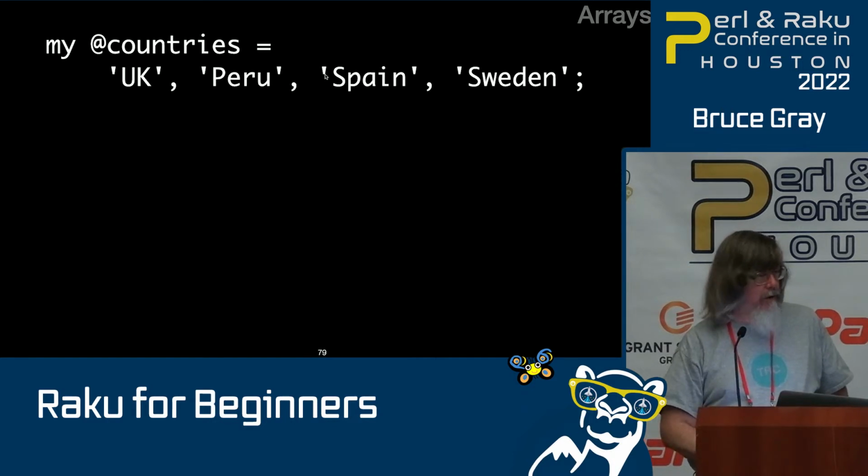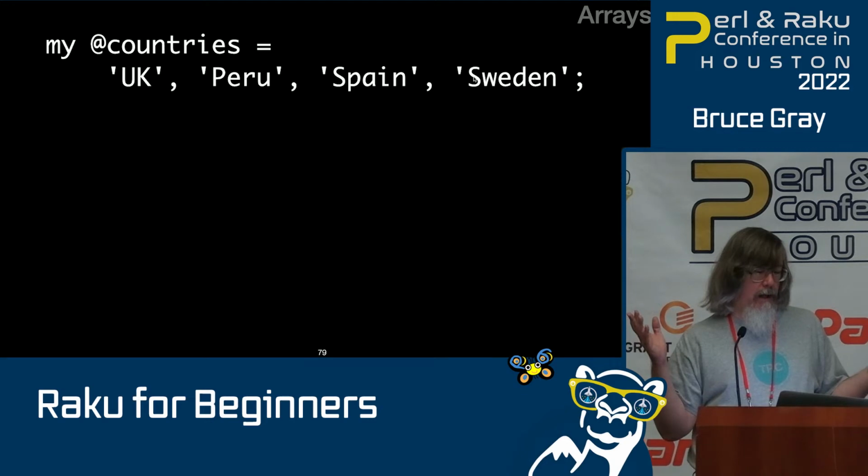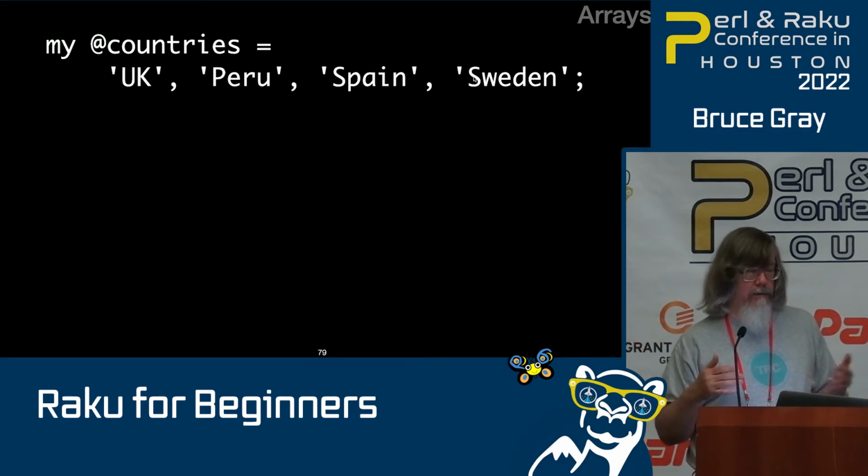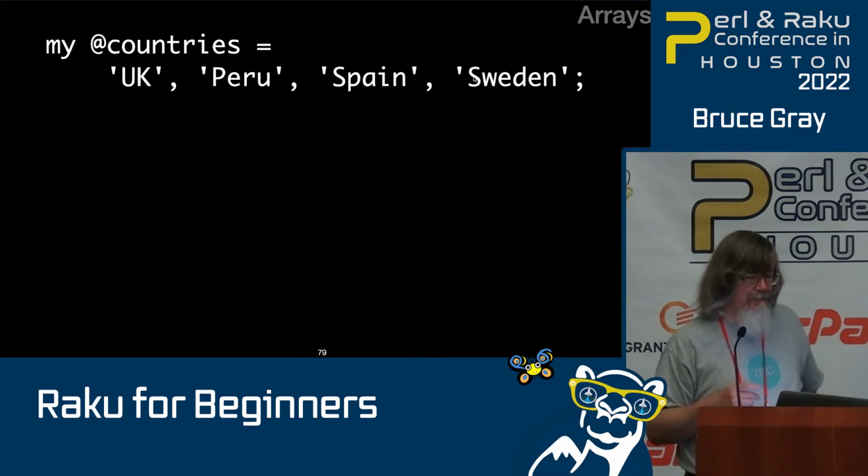Our arrays, like Perl's, are mutable and dynamic, which means you can change any particular element, and the array as a whole is not fixed. It can grow on demand and shrink on command. That's it.